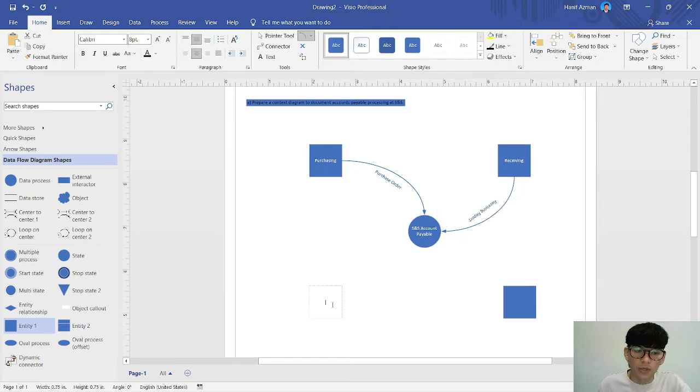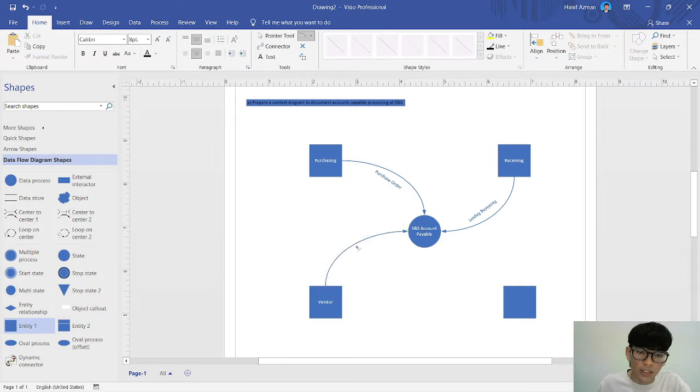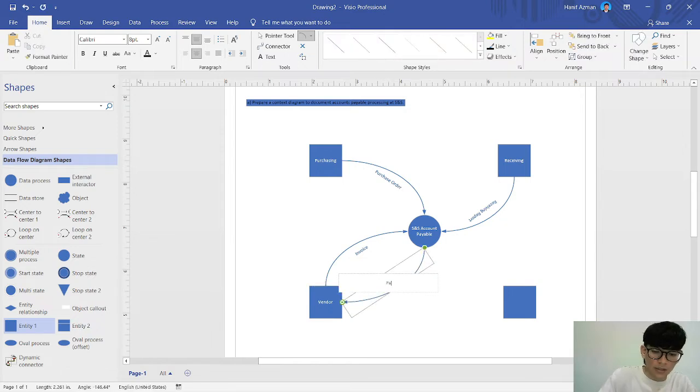And then the vendor. The vendor has two processes. The first process, the vendor sends an invoice to S&S accounts payable, and then S&S accounts payable sends payment and remittance advice.